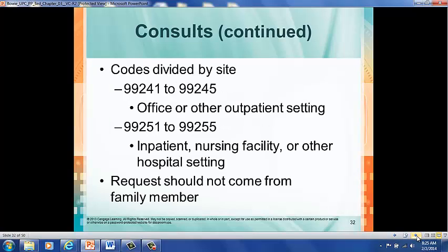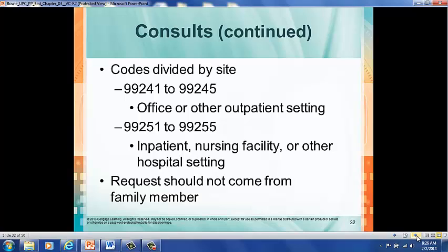When reporting consultation services for Medicare patients, consultation codes are not to be billed according to CMS policy. If a consultation for a Medicare patient occurs, the service should be reported as follows. Consultations completed in the office or hospital outpatient setting, codes from the office or other outpatient services categories should be reported.